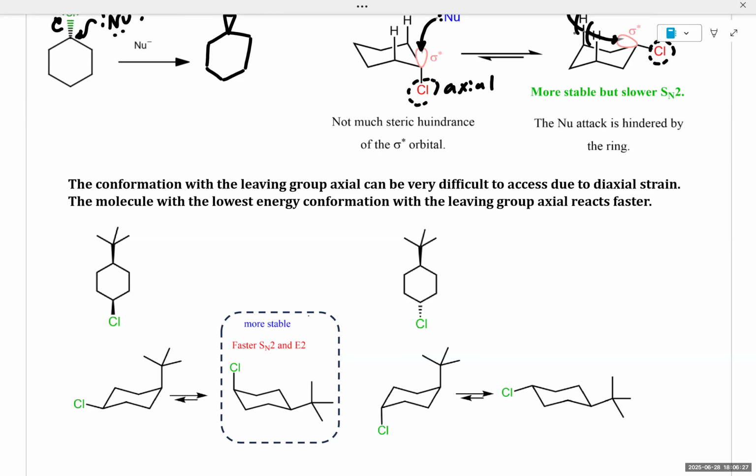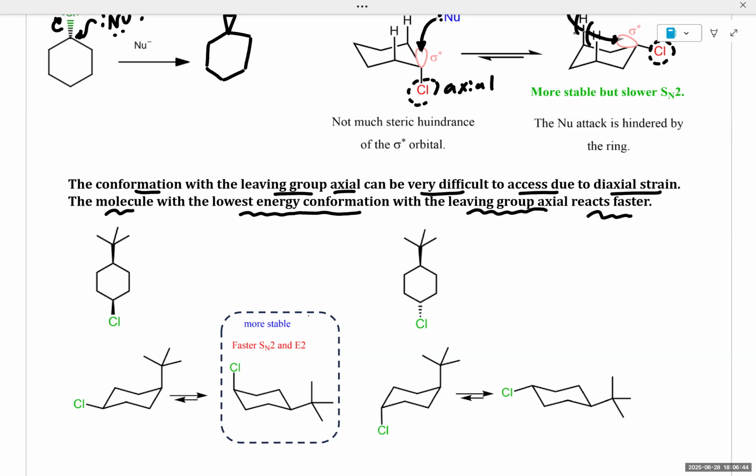That's because the conformation with the leaving group axial can be very difficult to access in some cases due to diaxial strain.